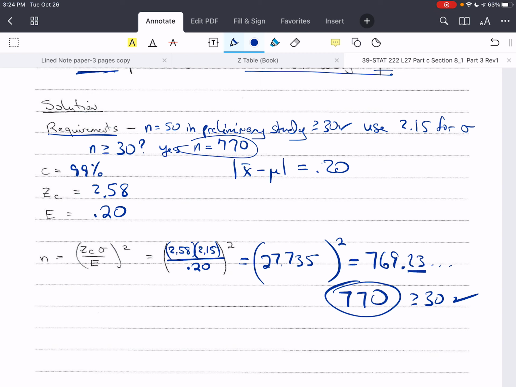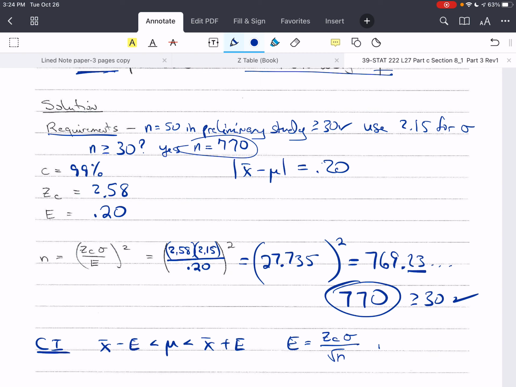All right, I want to point out something. Remember that the confidence interval is given by x bar minus E to x bar plus E, and the E is equal to z sub c times sigma over the square root of n.